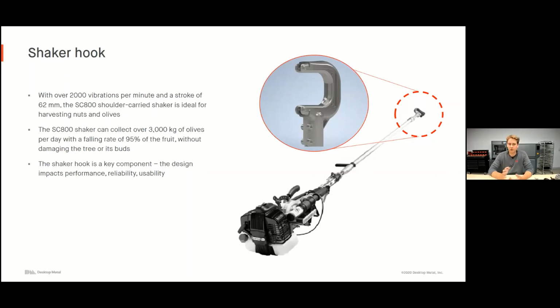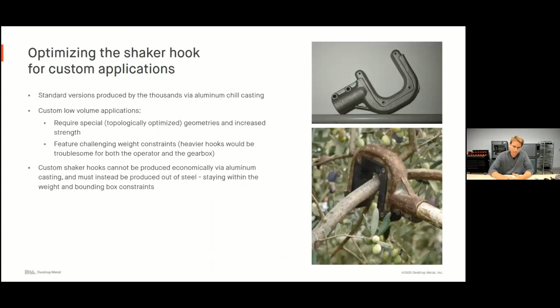The design greatly impacts its performance, its reliability, as well as its usability. So, standard versions of this part were produced in quite high volumes, in the thousands, via an aluminum chill casting operation. But they do get some requests for these custom lower volume applications.